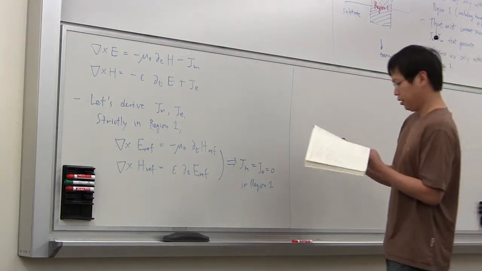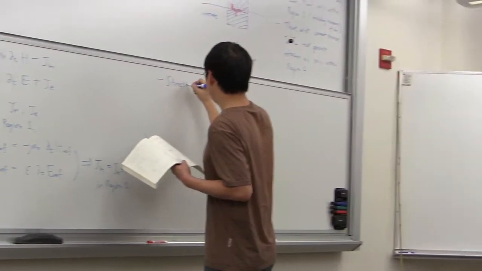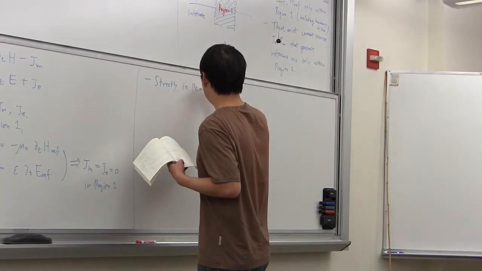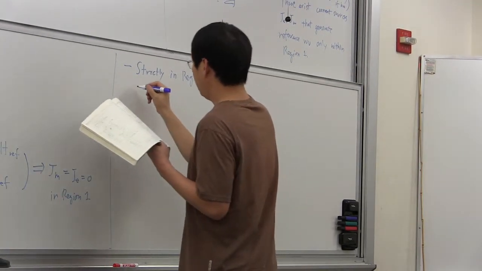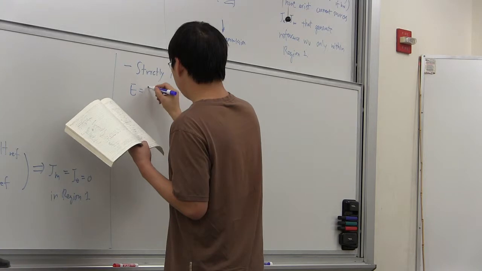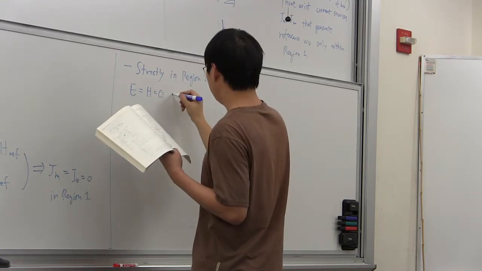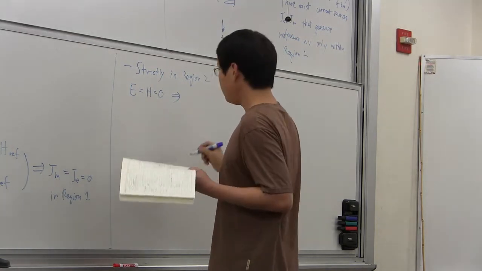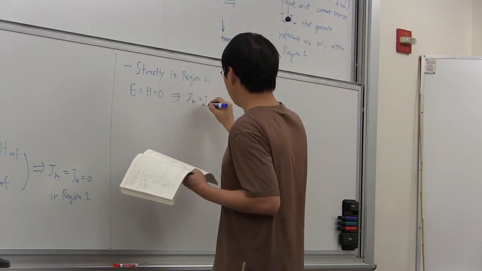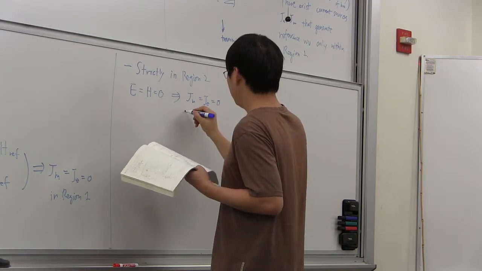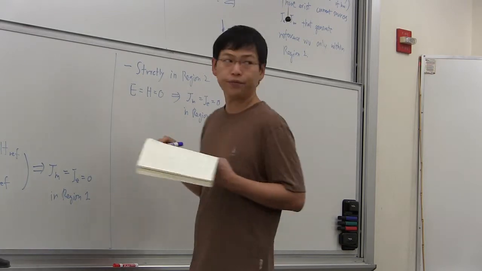And also, strictly in region 2, E and H field are 0. So J_M and J_E are also 0 in region 2.